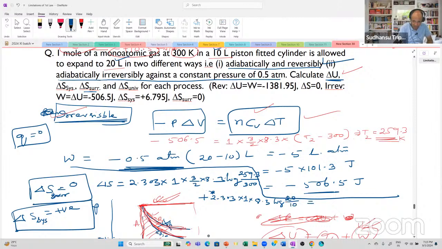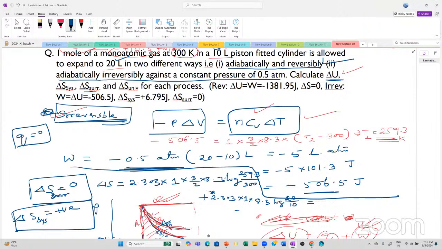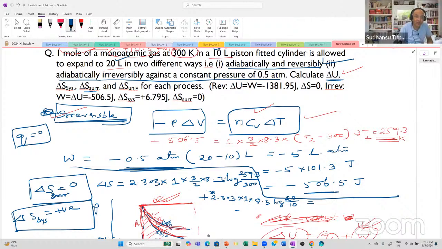Now you find out. Undoubtedly this will be negative, this will be positive, and definitely the positive will weigh out, will be numerically greater. Sir, 3.938. Plus or minus, tell me.